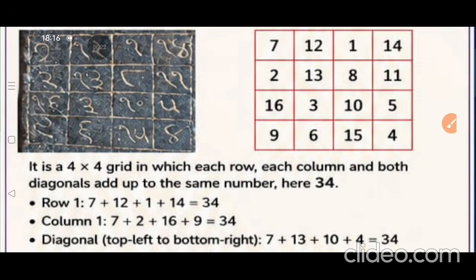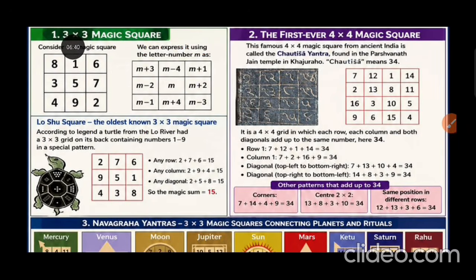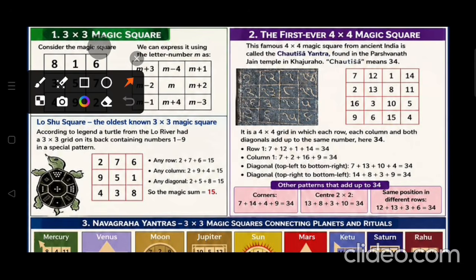So the sum of each row, each column, each diagonal is 34 in this Chautisa yantra. If we look at the corner numbers, they are 7, 14, 9 and 4.